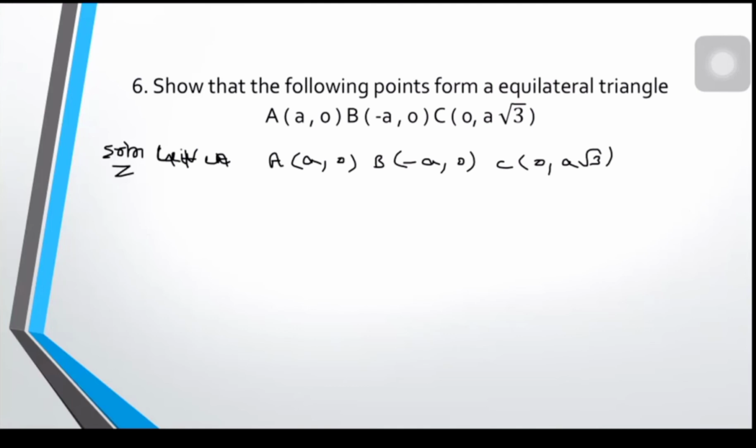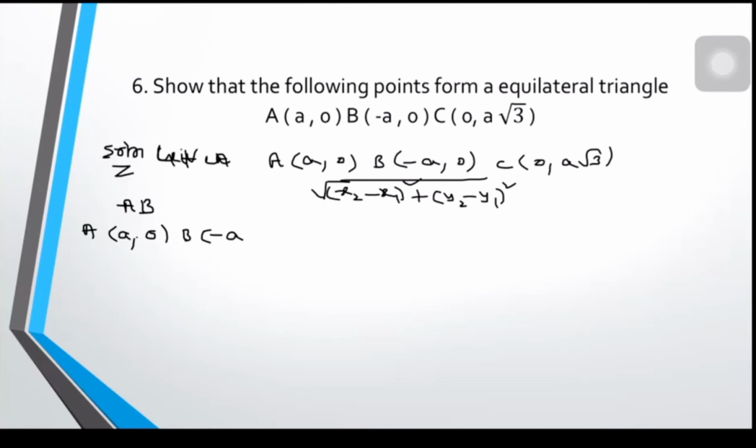Now find the distance between AB. Formula, distance between 2 points: root of (x2 minus x1) whole square plus (y2 minus y1) whole square. Now AB points distance: A comma 0, B point minus A comma 0.